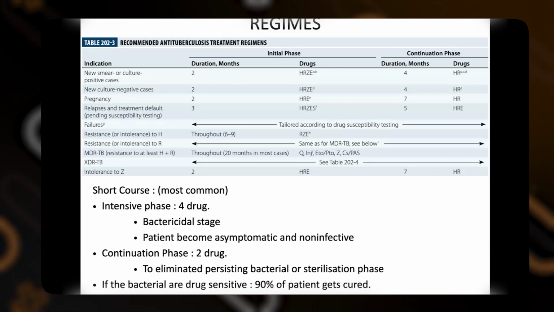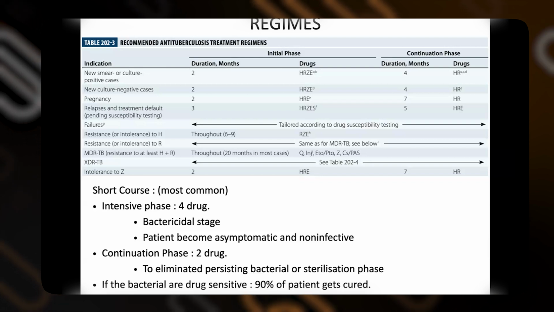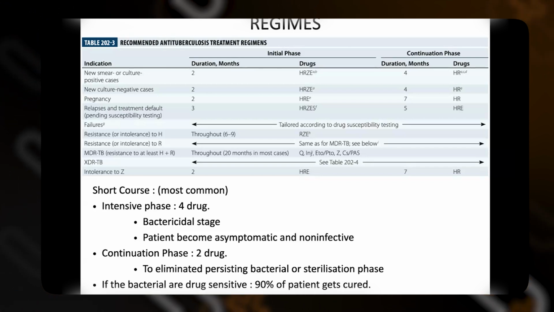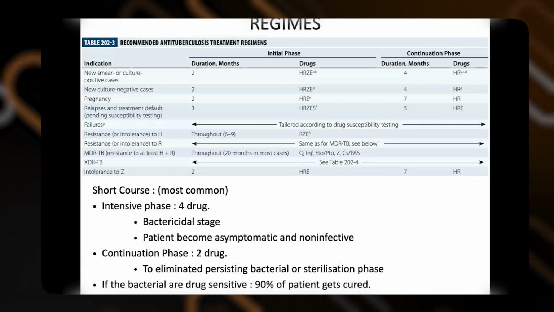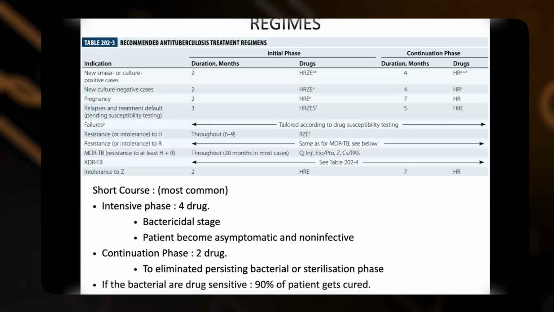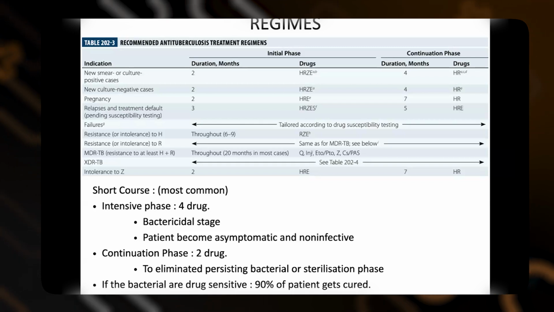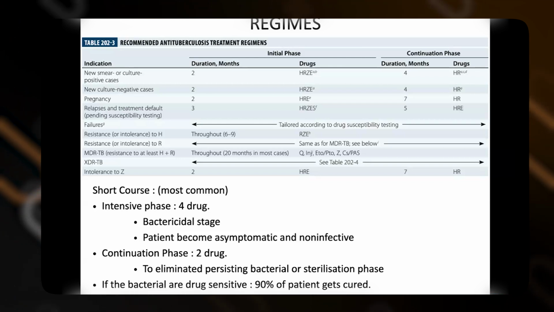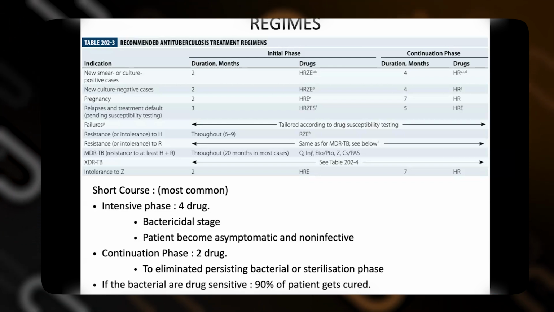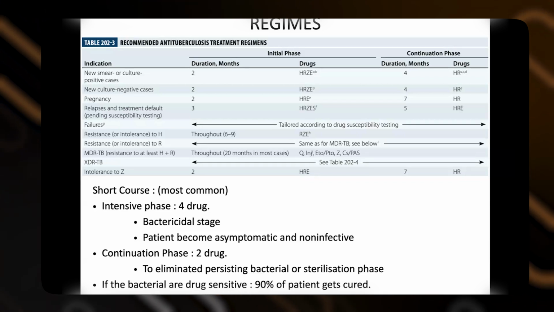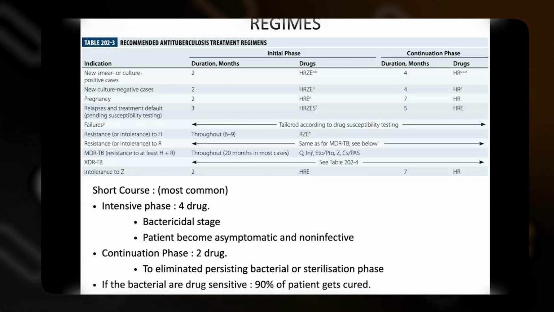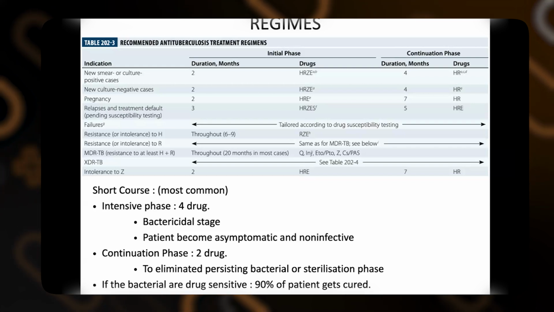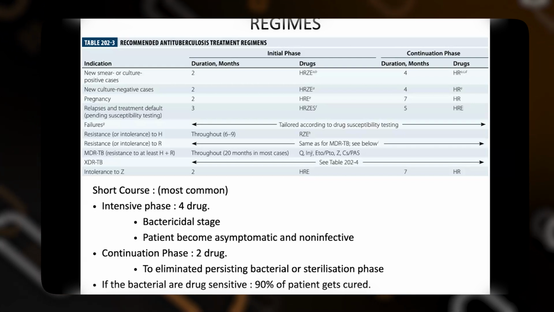Now, the most common for tuberculosis is short course treatment, in which we have 4 drugs for the intensive phase. The importance of this 4-drug intensive phase, which is usually for 2 months, is that we try to attain as much bactericidal state as possible, and the patient has to become asymptomatic and non-infective.